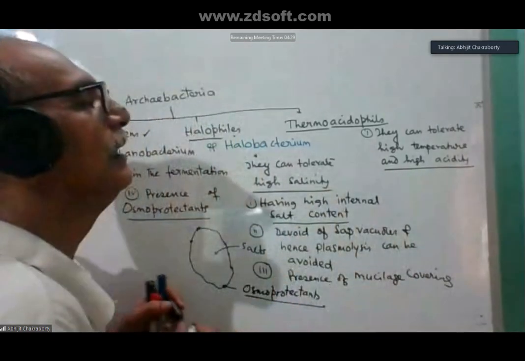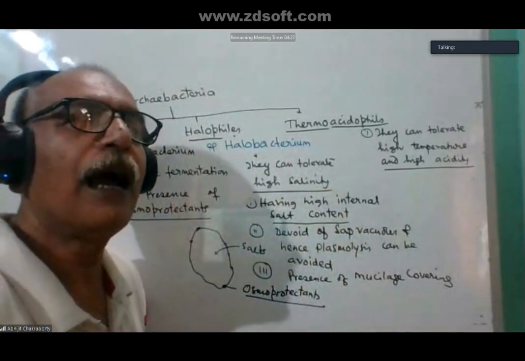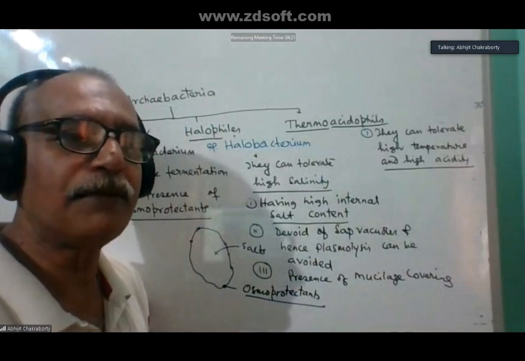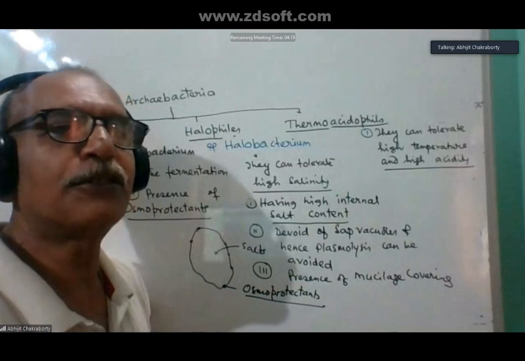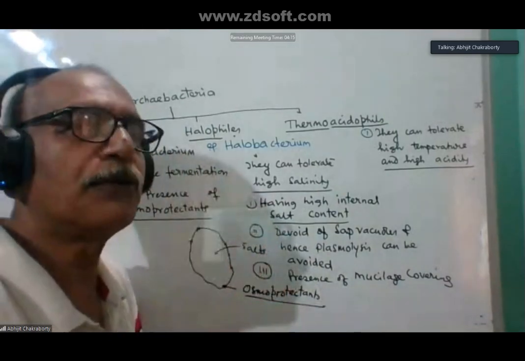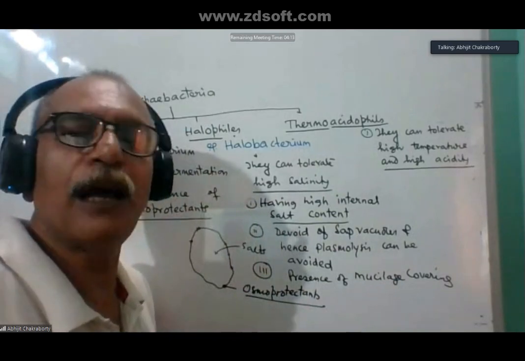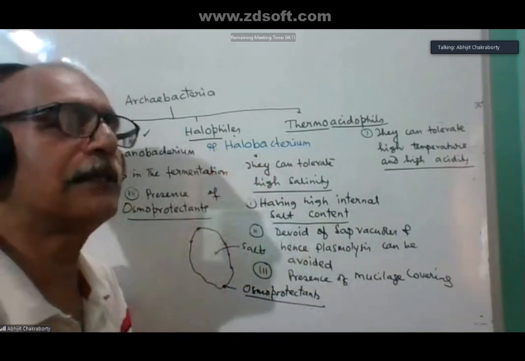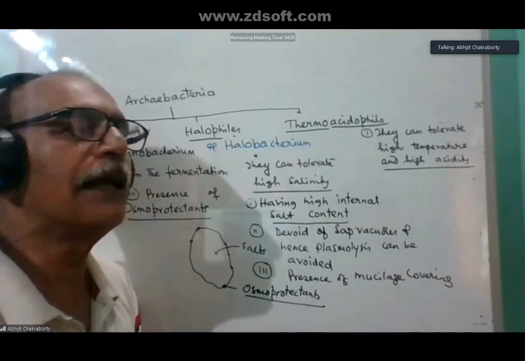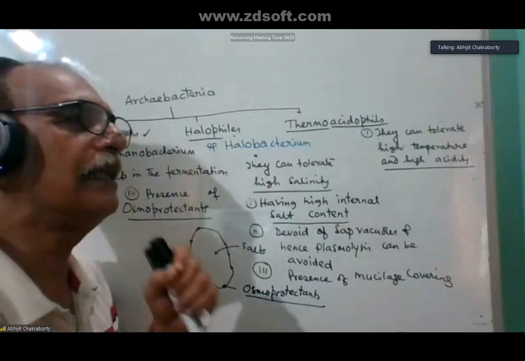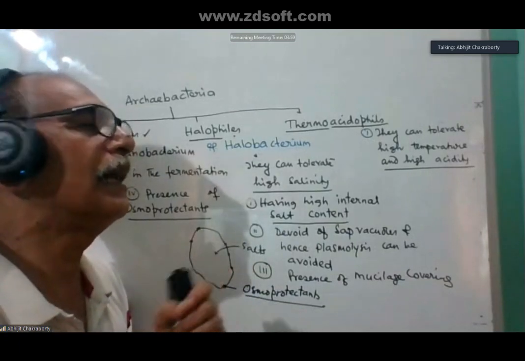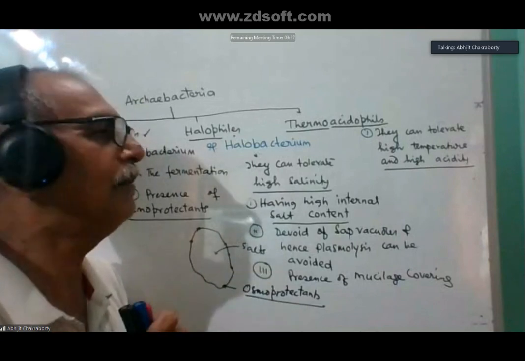Secondly, they can tolerate high acidity because they have some specialized resistant enzymes which can act at strong acidic pH. So two things I said. Point one, how can thermoacidophils tolerate high temperature? They have branched chain lipid in their cell membrane, which helps them tolerate this.